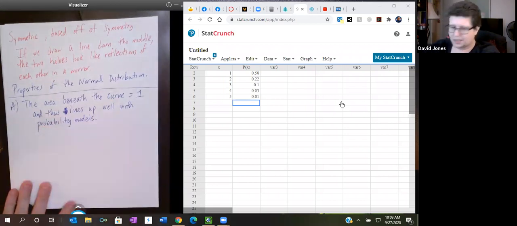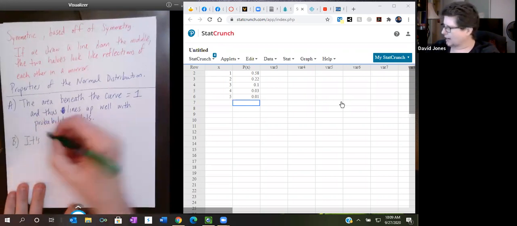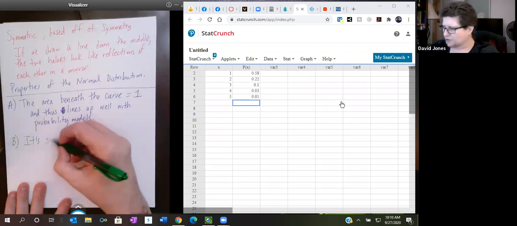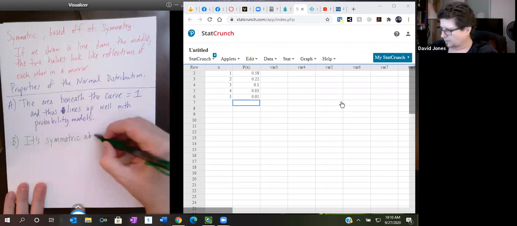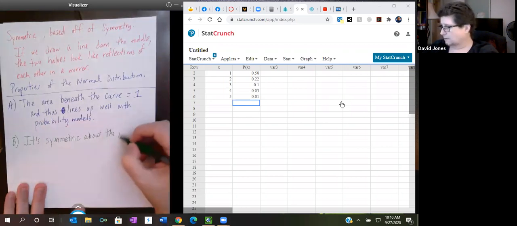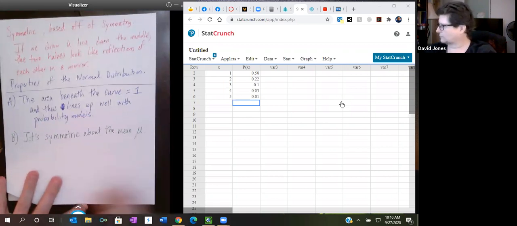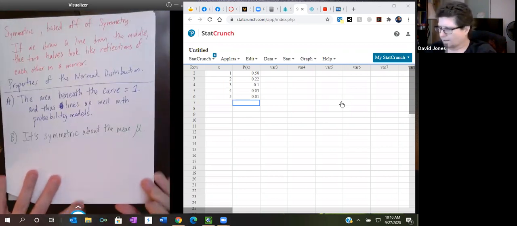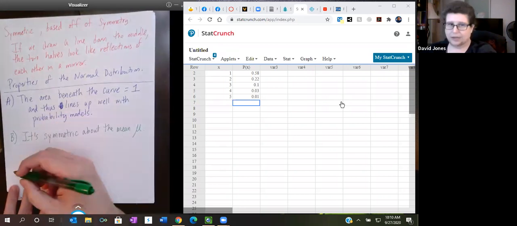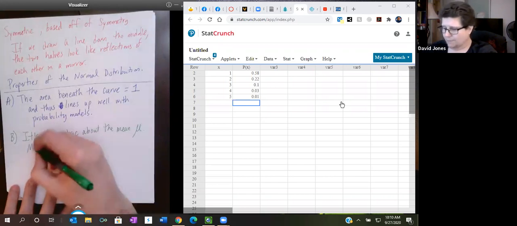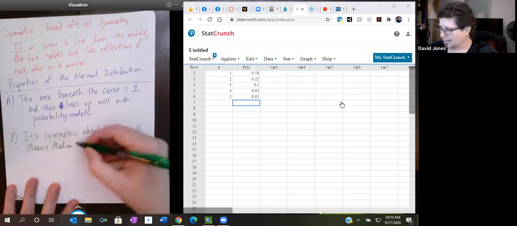We did mention it's symmetric. And the line where we draw it down the middle, it's symmetric about the mean, mu. For the normal distribution, since it's bell-shaped, the mean is also the same thing as the median and the mode.